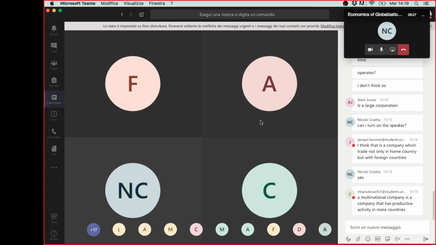Of course, this is not enough to have a clear idea of how we can identify a multinational company, especially when we talk about empirical evidence, where we need a measure that helps us distinguish this is a multinational company and this other firm is not.